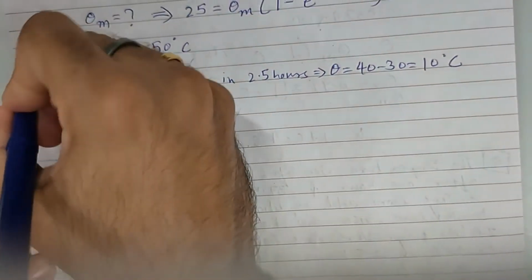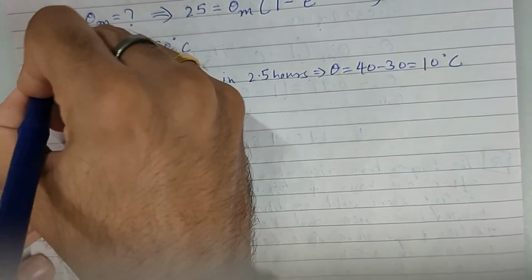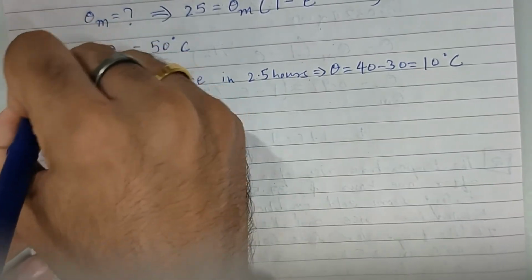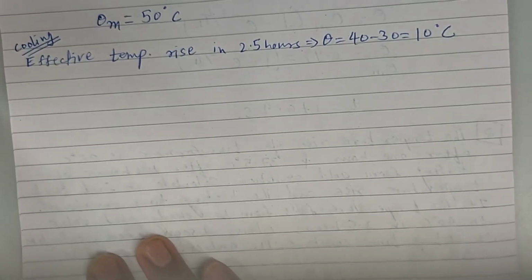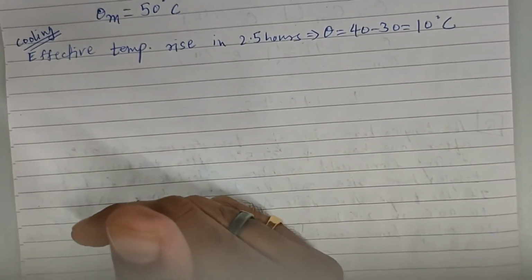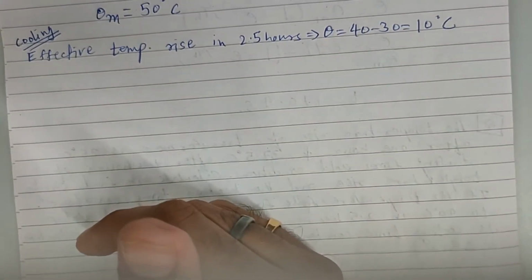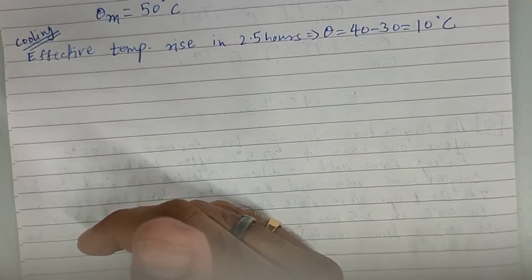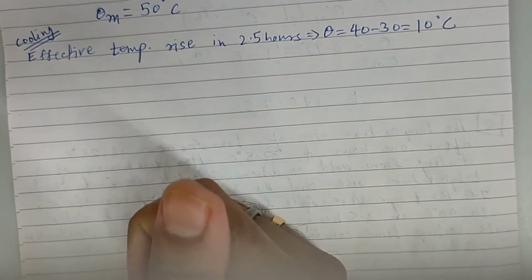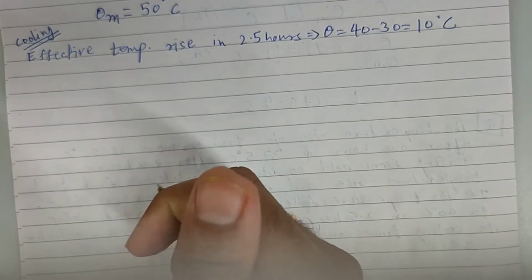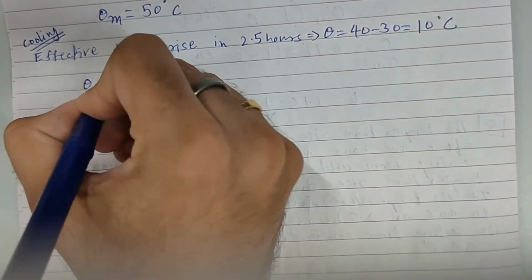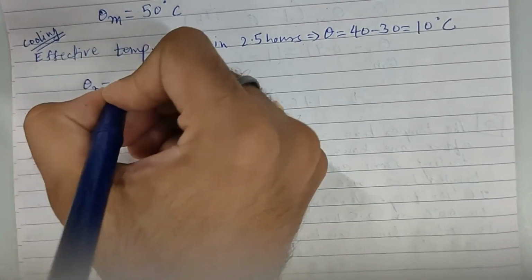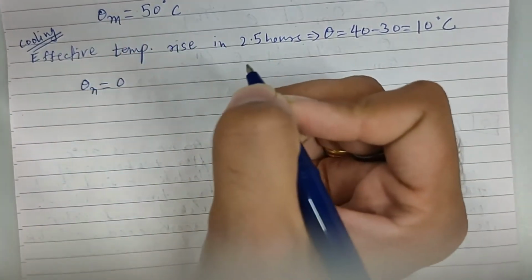Now this is when your transformer is disconnected, so this is under the cooling section. Since the transformer is disconnected, the final steady temperature rise when cooling would be theta n and would be nothing but equal to 0.